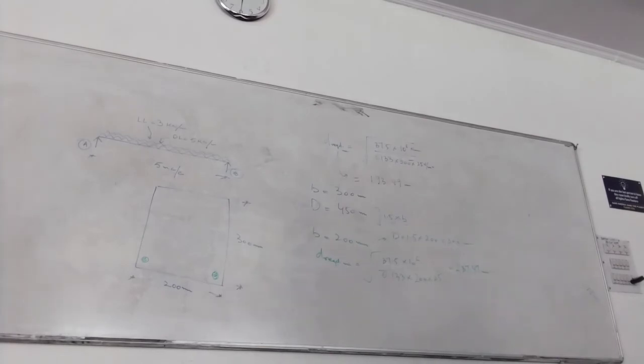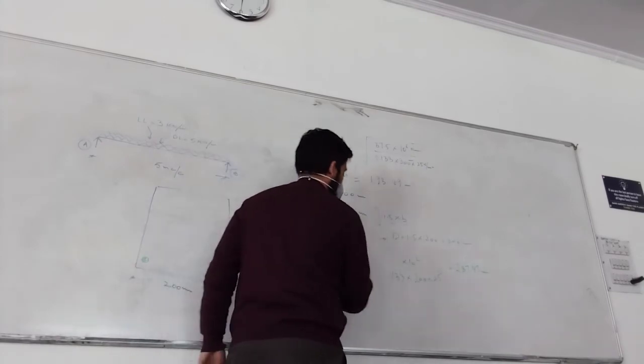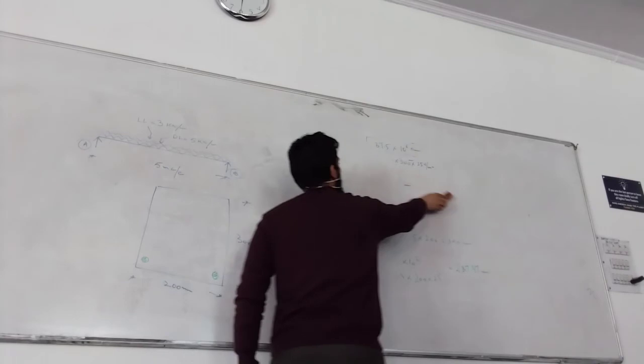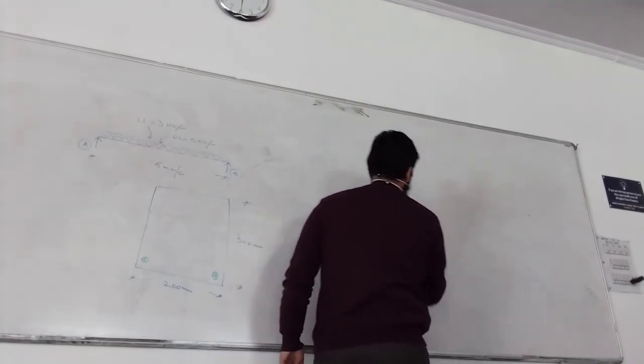At the same time, in the first step, while fixing the dimension, we have checked for the Mu limiting, the maximum flexural forces that the concrete can take. We have checked there. But did you check for the deflection of the beam in the first step?